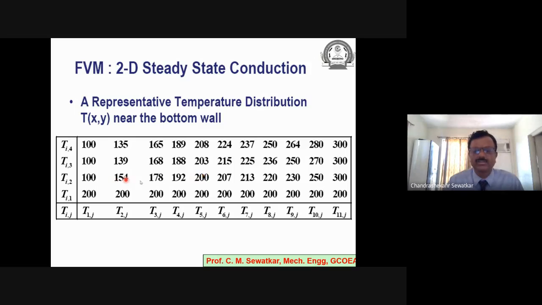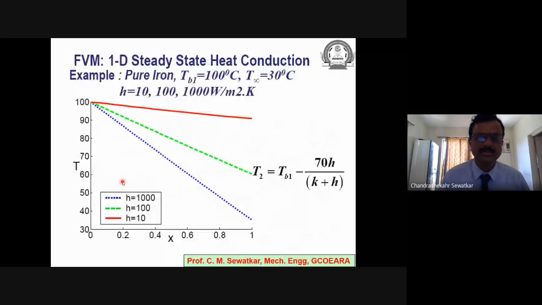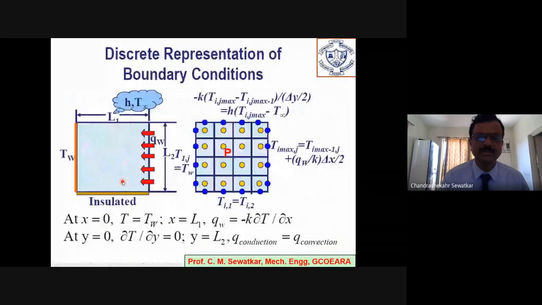If I take the difference between these two steady state temperatures and divide it by the distance between them, I obtain the temperature gradient. This temperature gradient multiplied by minus K gives the heat flux across this part of the control volume.